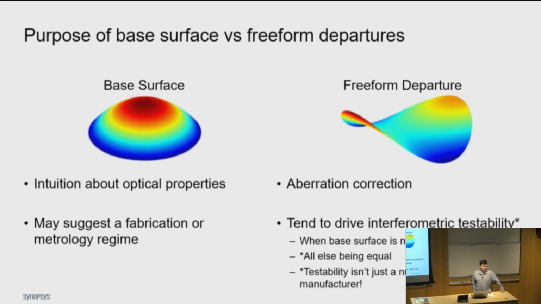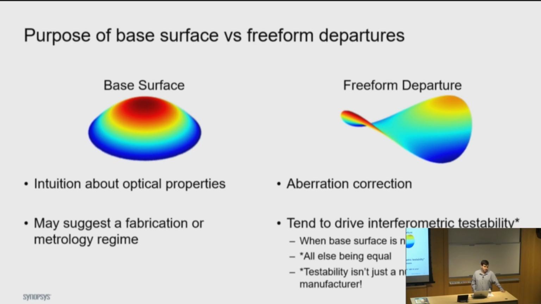And they're going to be useful because they tend to drive your interferometric testability, at least if some caveats apply. Your caveats include that you need to have a base surface that's null testable, and really when we're talking about reducing departures, it's in an all else being equal type situation.